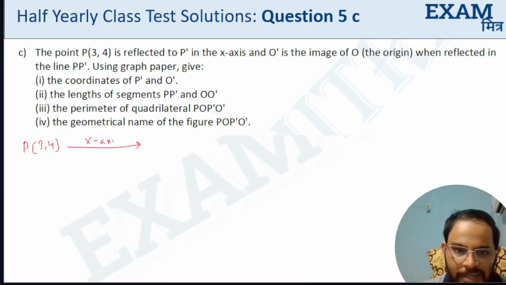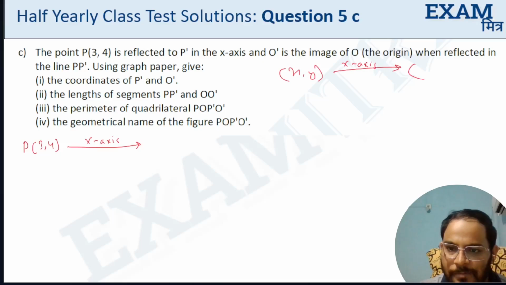If I reflect it in the x-axis, what will happen? The rule says that if (x, y) is reflected in the x-axis, the value of x remains the same, but the value of y becomes its negative.